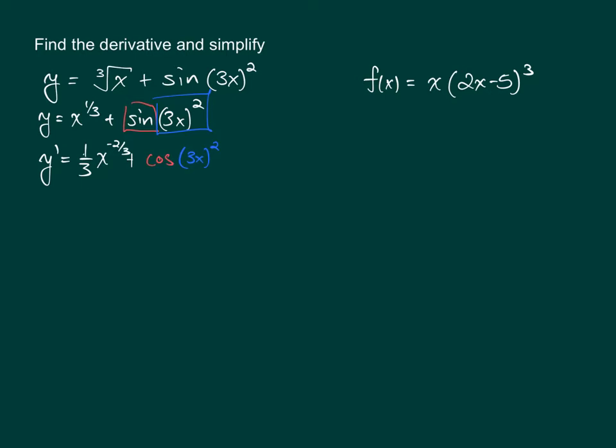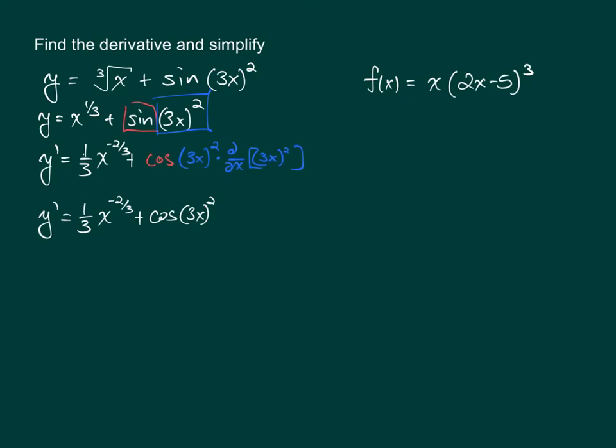And then you multiply that by the derivative of the inside function, 3x the quantity squared. Let me finish writing the rest of the derivative here first. Negative 2/3 plus, we have that cosine of 3x the quantity squared.